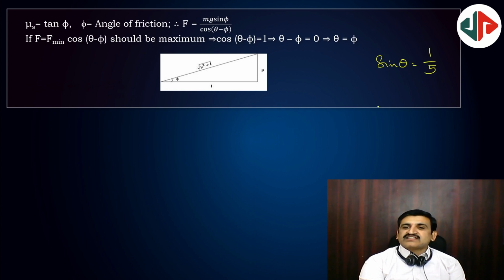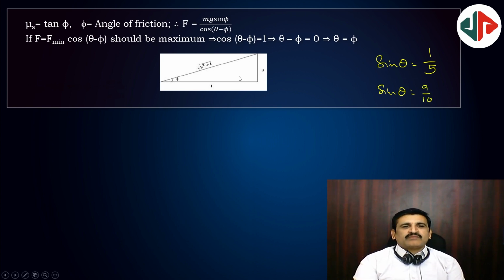Sometimes he won't give theta directly, he will give it like this. An inclined plank is there whose slope is 9 in 10. That means sin theta equal to 9 in 10. 1 in 5, 9 in 10, like that they are going to mention. Remember those things.